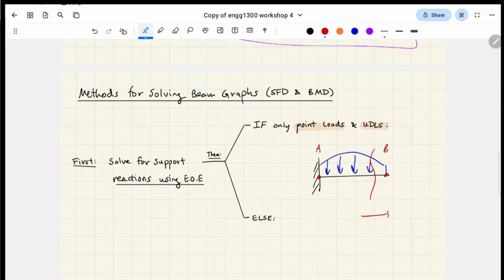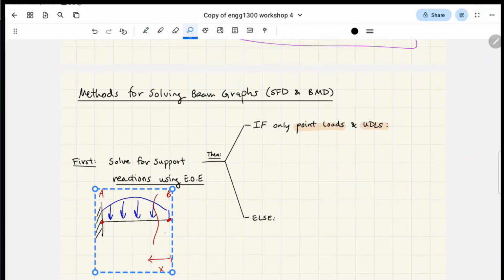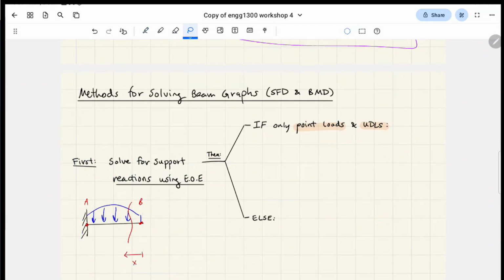If you go right to left and consider that your X direction, you don't need to solve support reactions, because it's a free end, so there are no support reactions that you need. But that's a pretty rare case. I would say 99% of the time, you need to solve for support reactions first. So that's your exception. I'll leave that there.